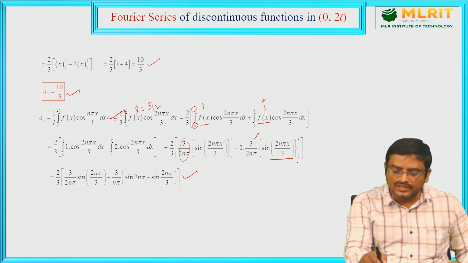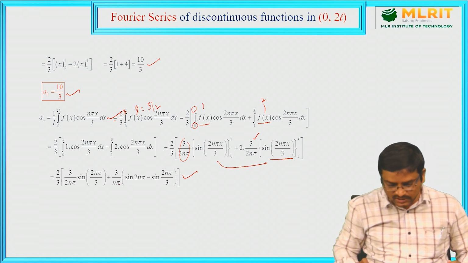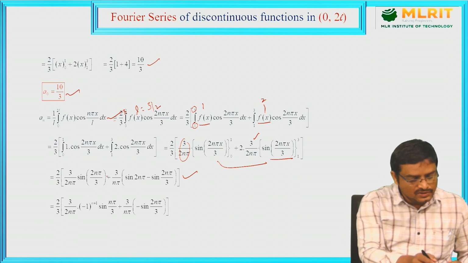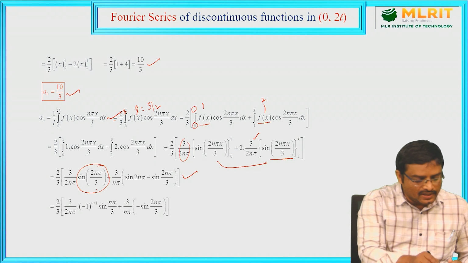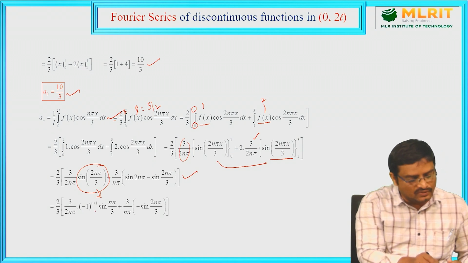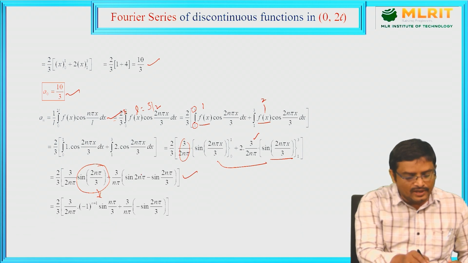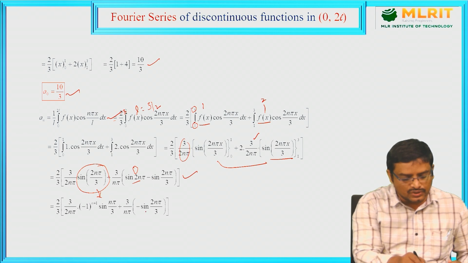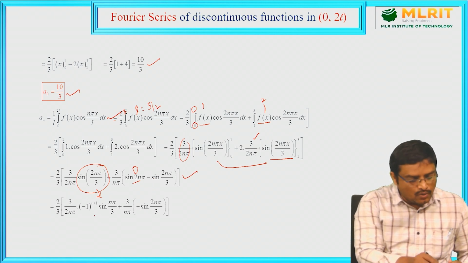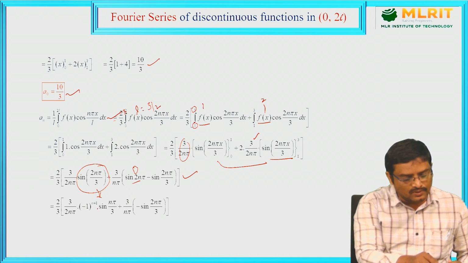So now sin(3/2 n pi) and sin(2 n pi): in general we can take this value as (-1)^(n+1) into sin(n pi / 3), and sin(2 n pi) is 0, so we can neglect it. The remaining one is minus sin(2 n pi / 3). How can you get this: sin(2 n pi / 3) is equal to (-1)^(n+1) into sin(n pi / 3). So you will get this value.